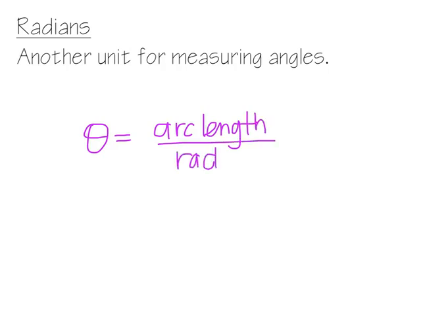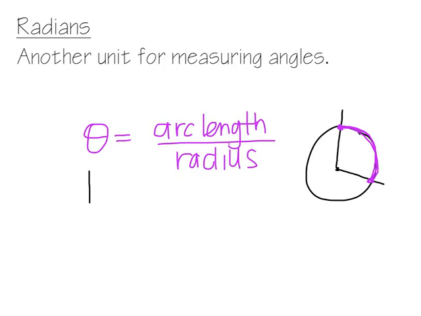If I have an angle that crosses through a circle, I take the arc length of the arc between the 2 points where the angle touches the circle, divided by the radius of the circle, and that'll give me radians. All radians really are is how many times it takes the radius to go from point A to point B.